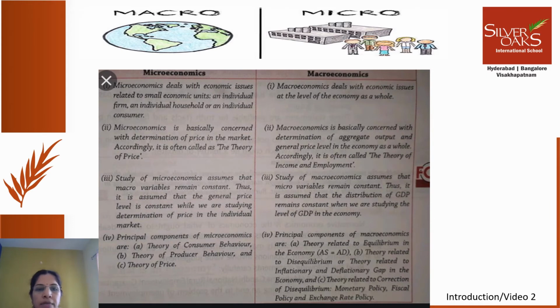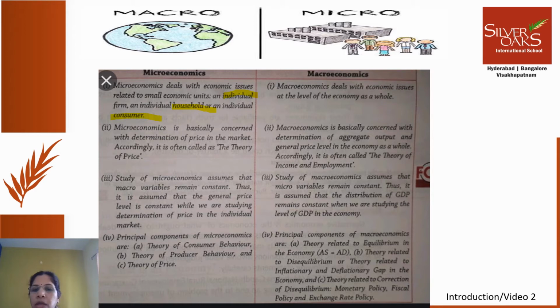Now in this slide, we'll try to understand what exactly is microeconomics and macroeconomics, and the distinction between these two. The basic definition of microeconomics: microeconomics deals with economic issues related to small economic units. Small economic units are individual economic units, like say individual firm, individual household, individual consumer, individual producer.